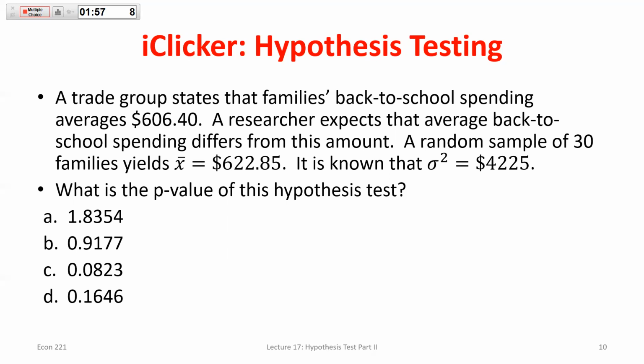For a two-tailed test, once I find my area in the tail, we said it was just as likely that I saw sample evidence on either side that went against the null. So once I find that area in the tail, we have to do one more thing for a two-tailed test, which is multiply it by 2. So you'll turn that value of 622 into a z-score using this equation.